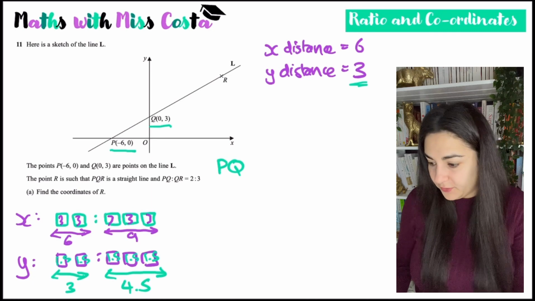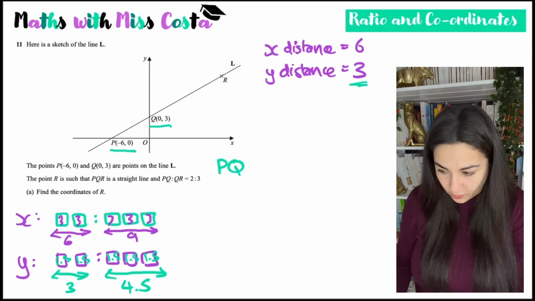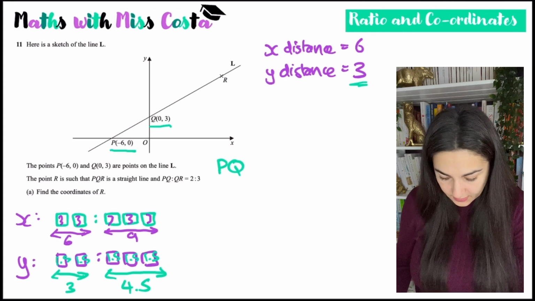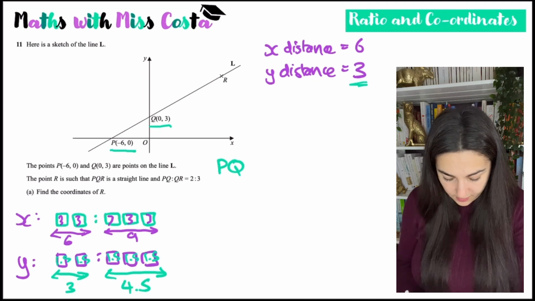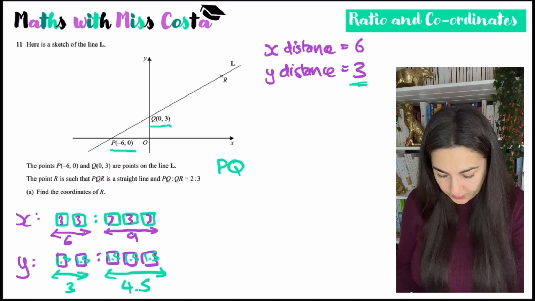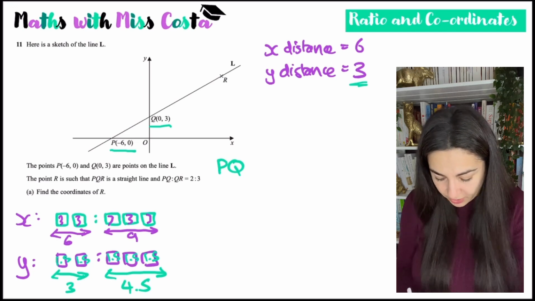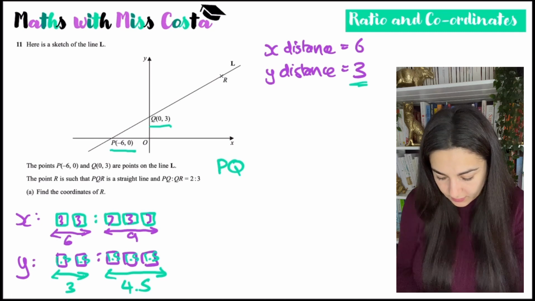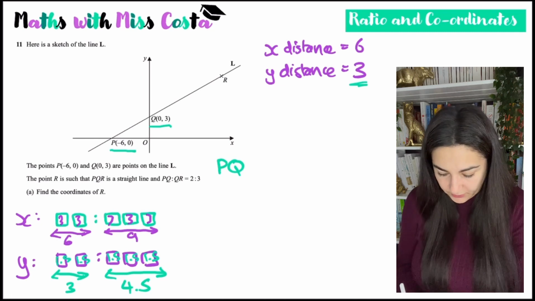So therefore we need to find the coordinates of R. So the coordinates of R would be 9 extra parts from 0. So from 0 to R would be 9.